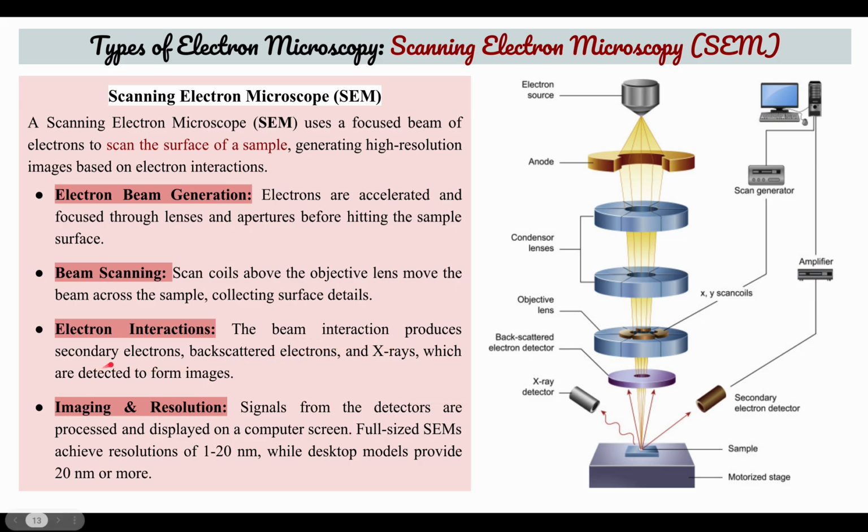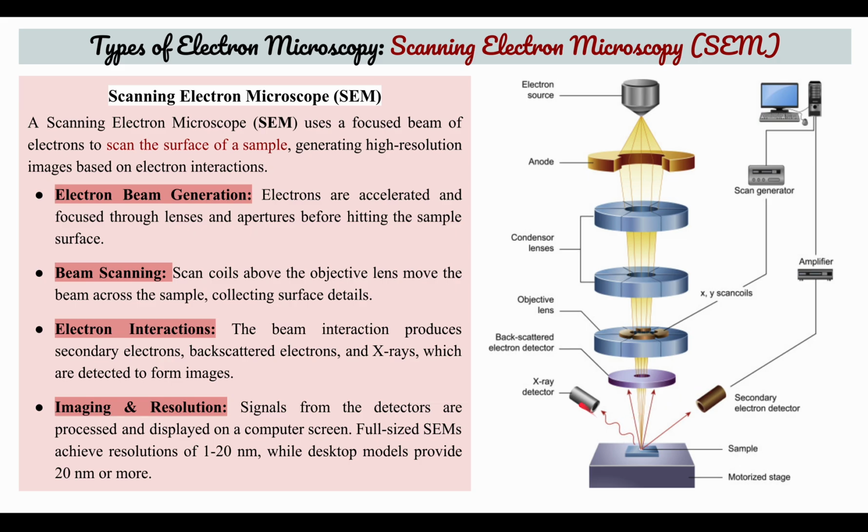Beam interaction produces secondary electrons. As soon as this electron beam hits the sample, the sample will also have certain electrons because it is also an atom. When this electron beam hits the sample and another electron of the sample gets excited, that is known as a secondary electron, which will be captured by the secondary electron detector.